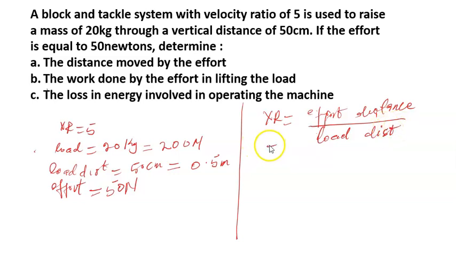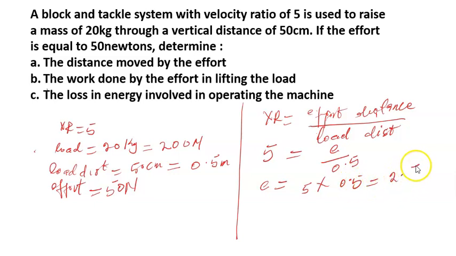So that VR, which is 5, is the same thing as my effort distance, let's tag it as E, over my load distance. My load distance of 50 centimeters, which we converted to 0.5 meters. So that my effort distance E will be the same thing as 5 times 0.5 meters, which is the same thing as 2.5 meters.